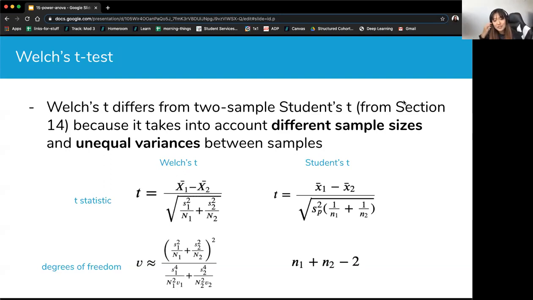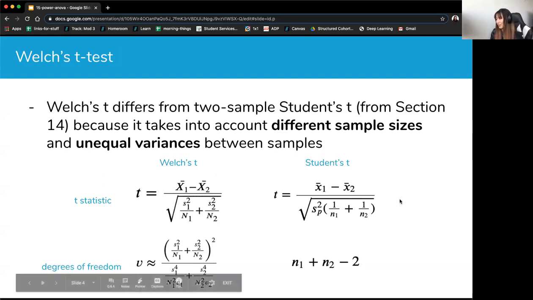The only difference for the Welch's t-test is that it takes into account different sample sizes and unequal variances between samples. As you can see here, I have a mild table where we have the t-statistic and the degrees of freedom for the 2 tests. I do think that if you were to have the same variance and same sample size in your Welch's t-test, it will be the same as your student's t-test.